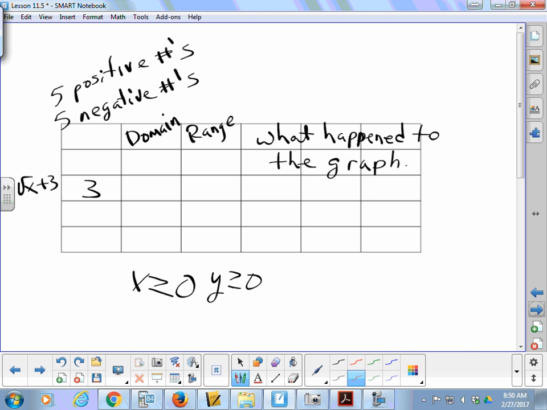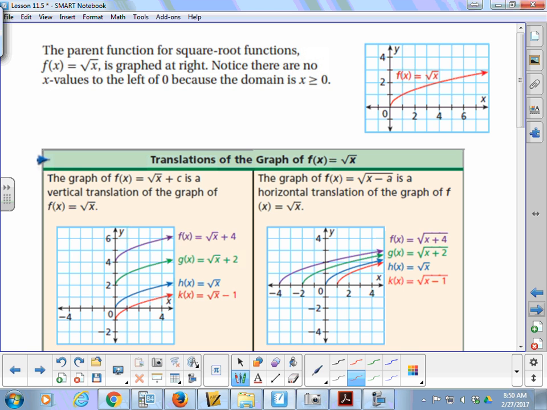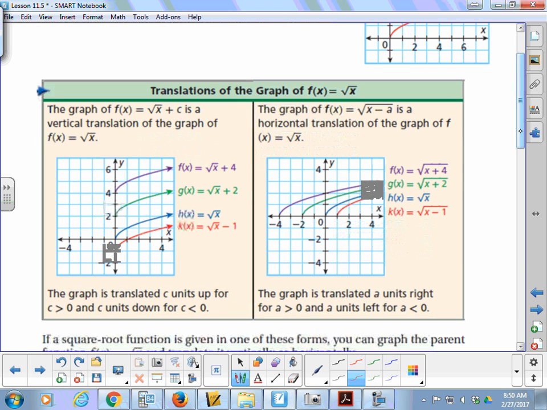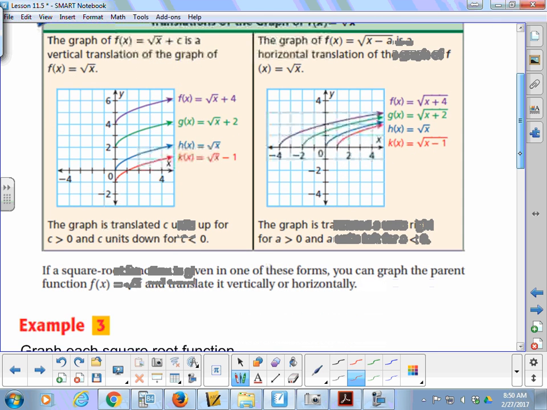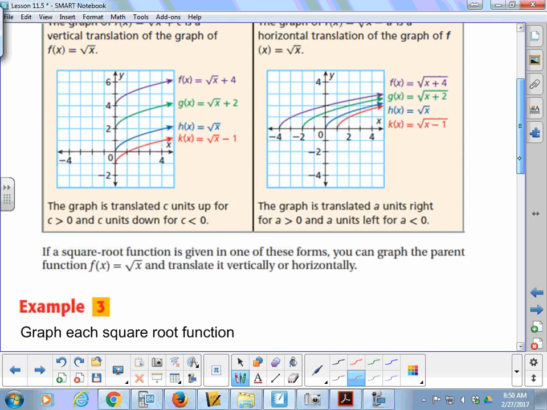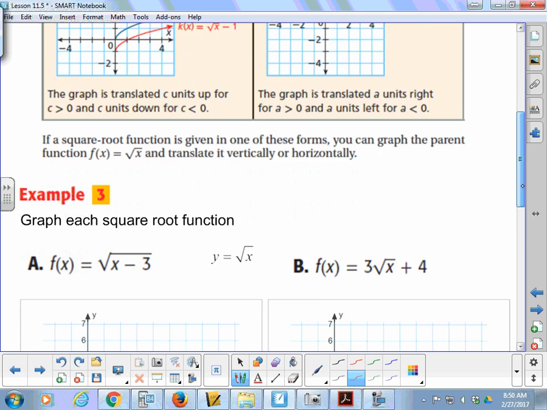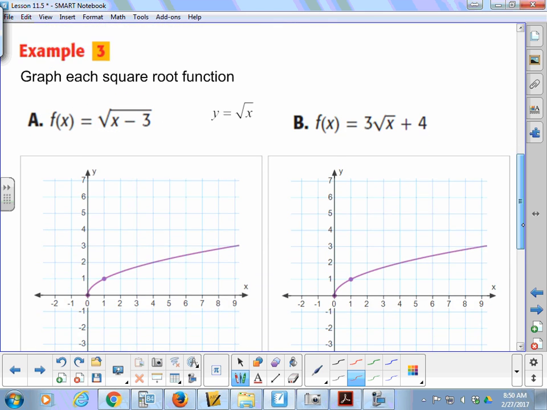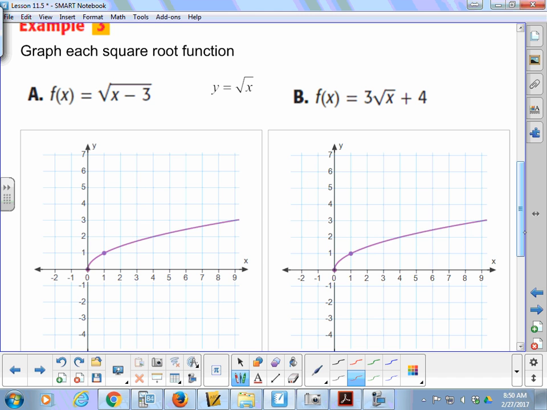All right, graphing. And you're going to be graphing, okay? And that's pretty much why we worked on that and looked at that. As far as what do I do with the graph? So we always have the graph of the square root of x. So here I'm going to graph these two functions: square root of x minus 3 and 3 square roots of x plus 4.